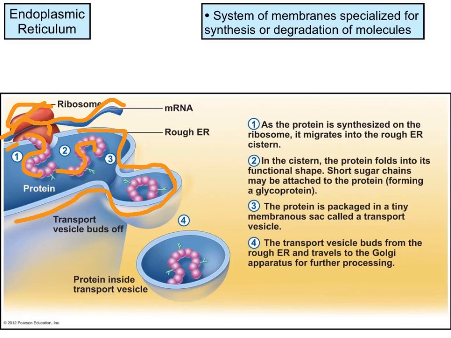And then, from inside the cistern of the rough endoplasmic reticulum, the protein begins to fold into a functional shape. So short sugar chains might be attached to the protein, forming a glycoprotein, and then the protein gets packaged. You see that here. So the protein gets packaged into tiny membranous sacs called transport vesicles. Those transport vesicles are going to bud off, and then it gets sent to the Golgi apparatus for further processing of that protein.